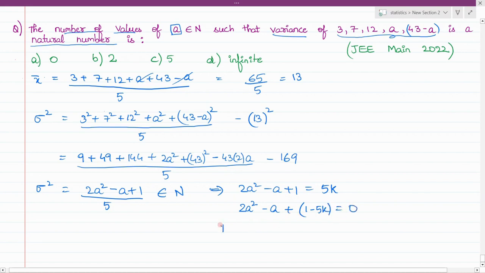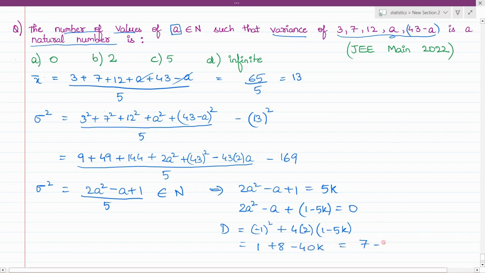So let's take the discriminant, that is b square minus 4ac. So b square is minus 1 whole square minus 4, a is 2 and c is 1 minus 5k. So from here we'll get 1 plus 8, 8 fives are 40k.